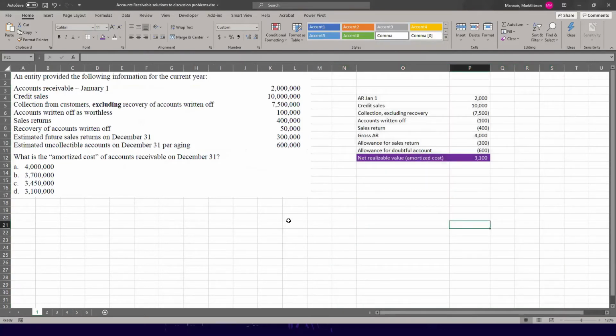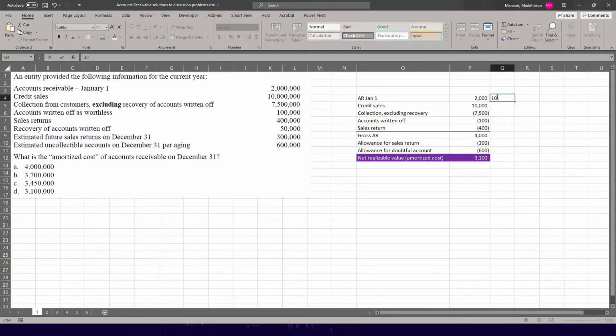So, ang tinatanong sa atin is amortized cost of AR on December 31. Of course, compute muna natin what would be the total gross AR. So, para lang at least hindi malito, gawin ko na siyang in millions.